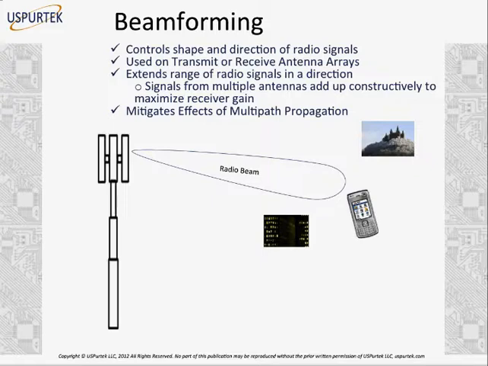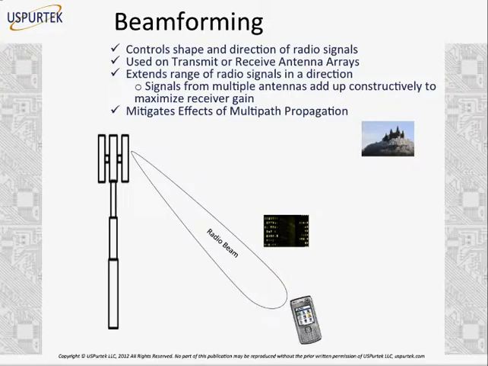It combines signals in antenna elements in such a way that constructive interference happens in a certain direction and destructive interference happens in other directions. So beamforming can be used to extend the range of signals in a certain direction, such as towards a highway where density of mobile users is more compared to other directions.